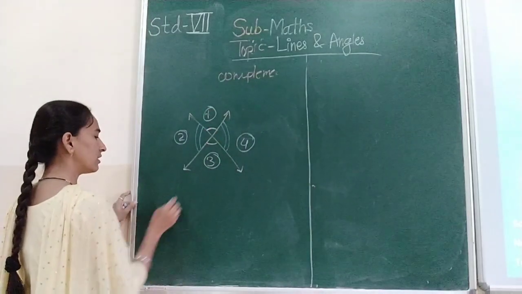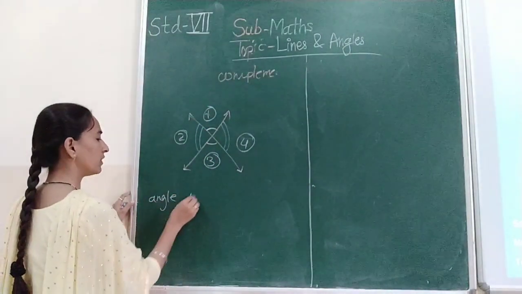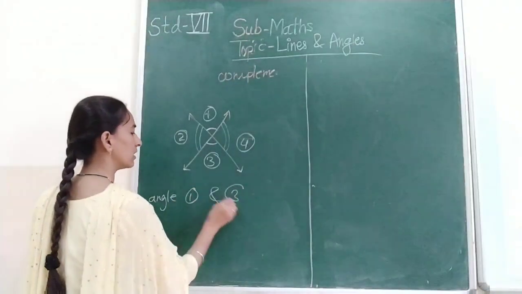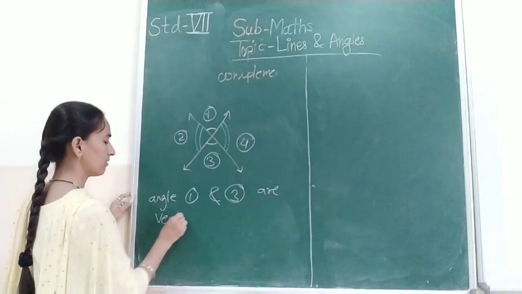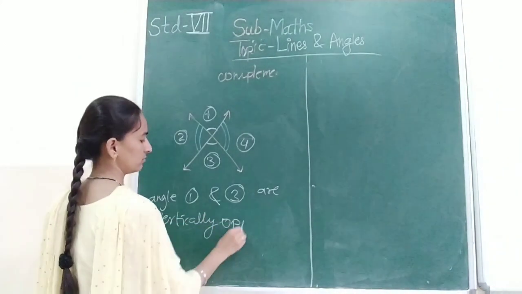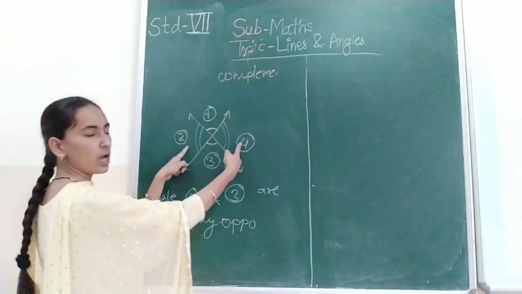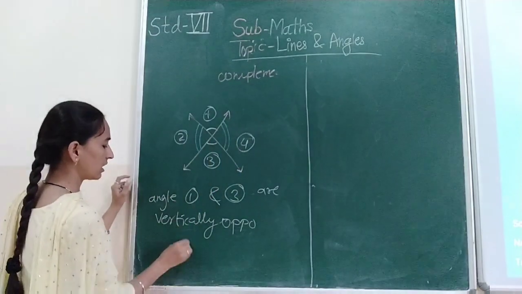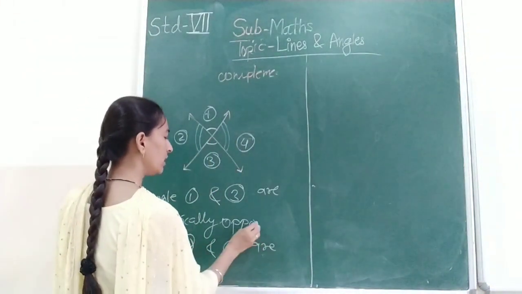Now first and third are vertically opposite. They are opposite to each other, and these two are opposite to each other. That means angles 2 and 4 are vertically opposite.